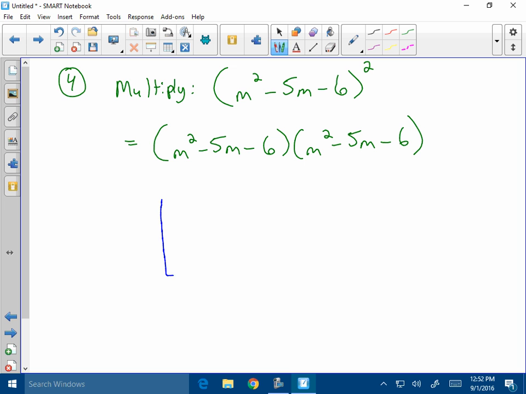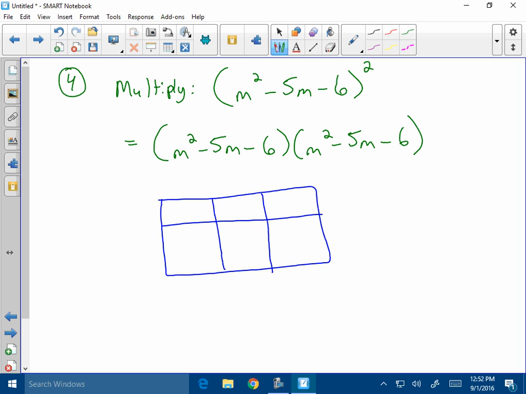Okay, so here I go with my 3 by 3 box. There we go. M squared minus 5m minus 6, m squared minus 5m minus 6. Okay, m to the fourth, negative 5m to the third, negative 6m squared.